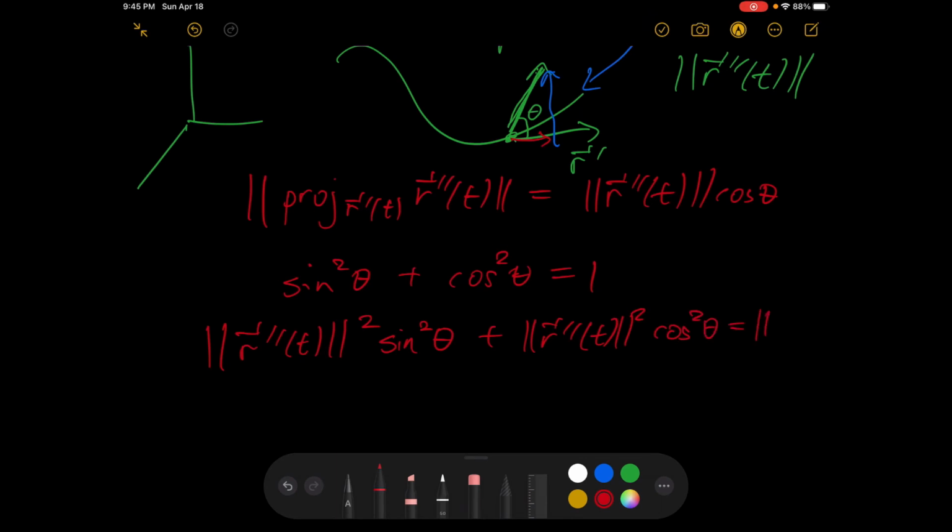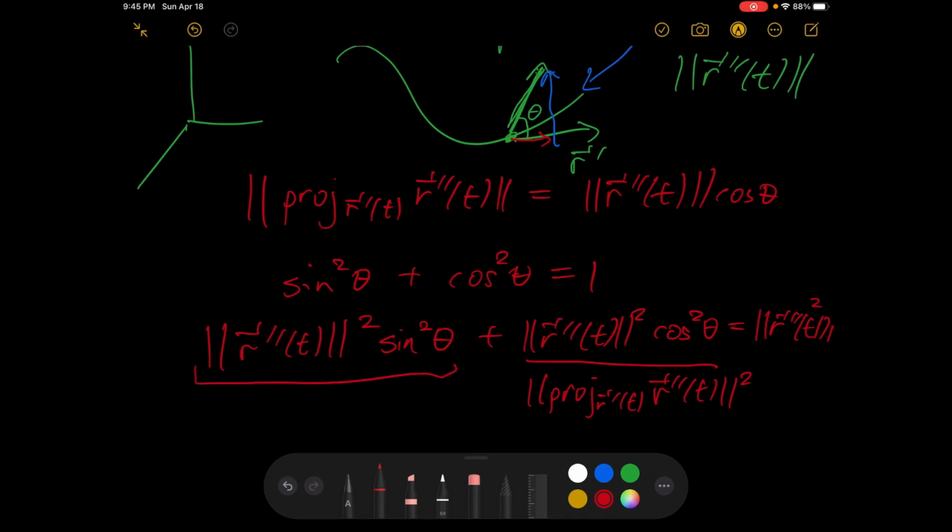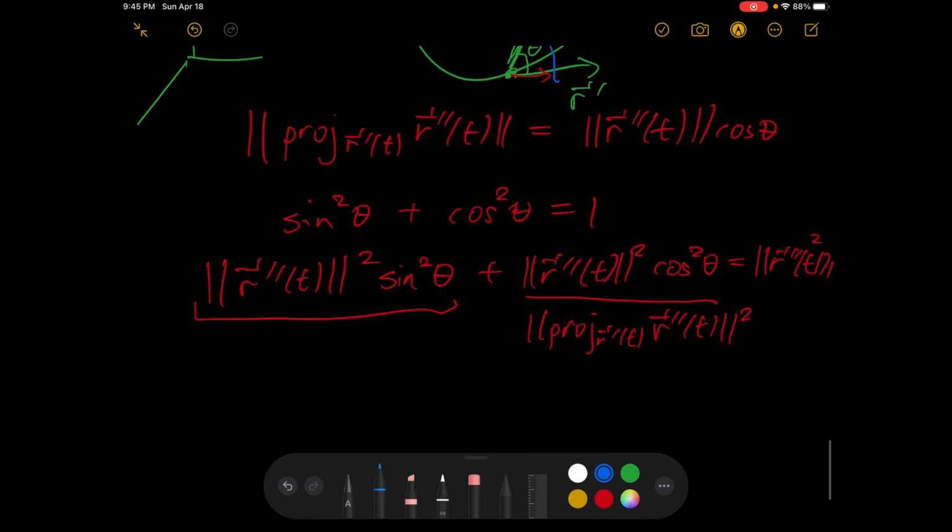And that's equal to the square of the length of r double prime. And we know that because this thing represents the square of the projection, then this amount can only imply one thing, and that is it is simply the length of the blue vector squared.